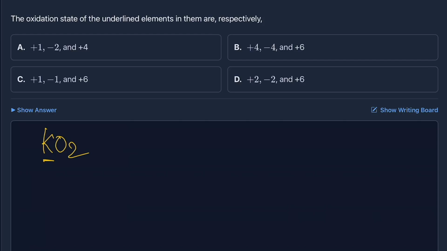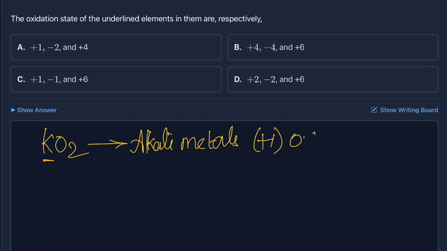Potassium is an alkali metal. Alkali metals always show which oxidation state? The +1 oxidation state. So in KO2, what is the oxidation state of K? Potassium's oxidation state is +1.